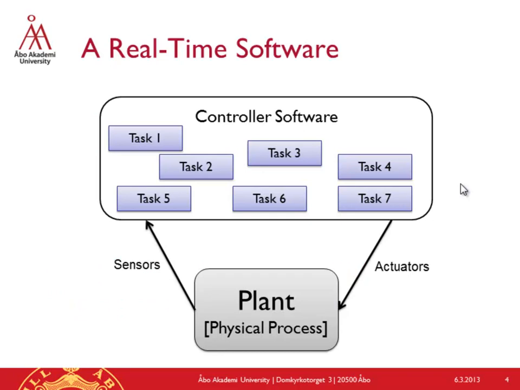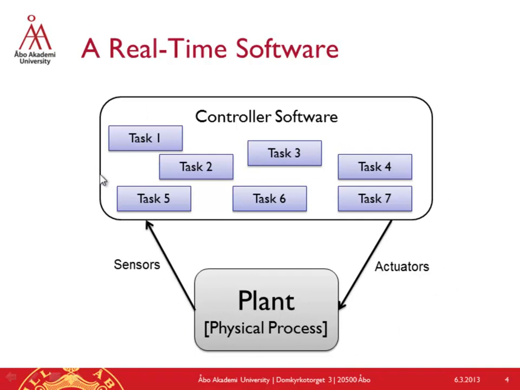In classical real-time theory, the whole software system is composed from so-called tasks. For example, this is a quite common architecture of a control system where we have some sort of plant, which might be a real physical process, which is supposed to be controlled by some sort of controller software, which is implemented in some sort of computer, which interacts with the real world with sensors and actuators.